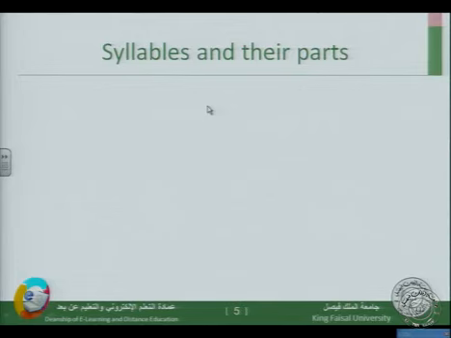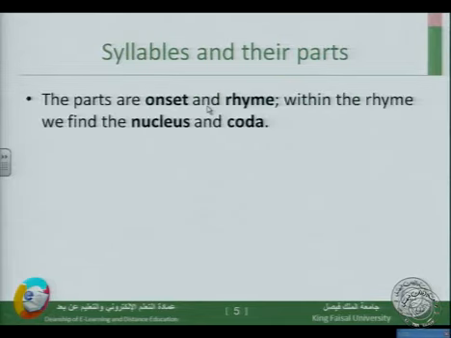Let us talk now about syllables after we understand the concept of syllabification. We said that a word can be cut up into small units called syllables. هذا معنى syllables. But now let us talk about syllables and their parts. The parts are onset and rhyme.